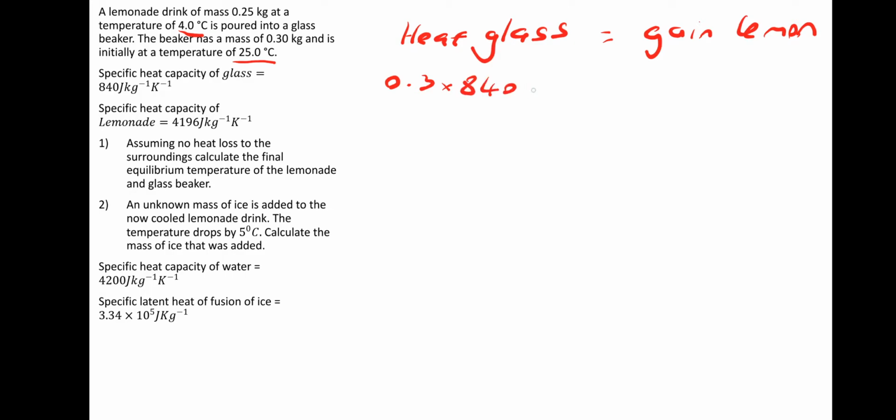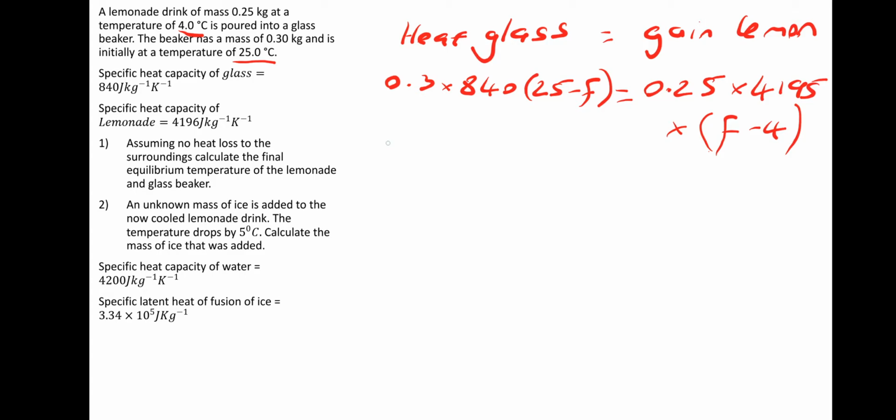And then the change in temperature: it's going to start at 25 and come down to some equilibrium temperature, so I'm going to write 25 minus F. And then in terms of gaining, we've got the mass of the lemonade drink, which is 0.25 kilograms, multiplied by its specific heat capacity, 4195. And it's going to increase in temperature, so it's going to be the final temperature minus 4.